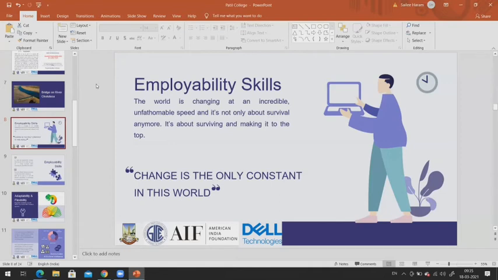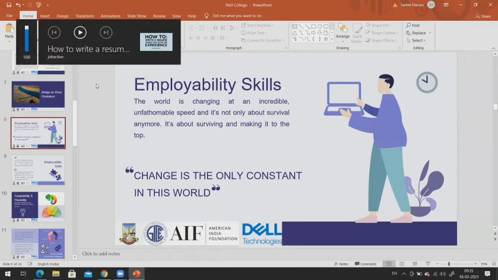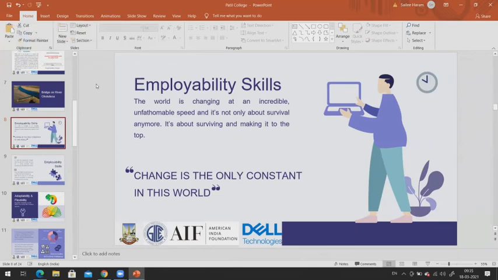Employability helps you be successful in the organization in which you're working. And when you are successful, you help your surroundings too. For example, you help the organization, the community, and the economy as a whole. So all of this is dependent on you, not directly but indirectly.